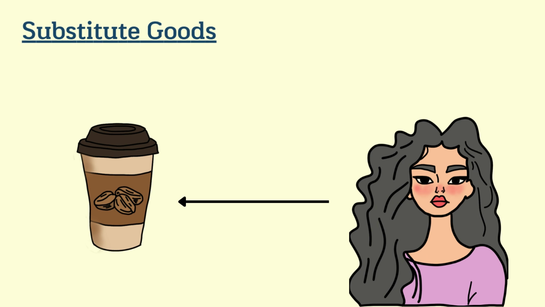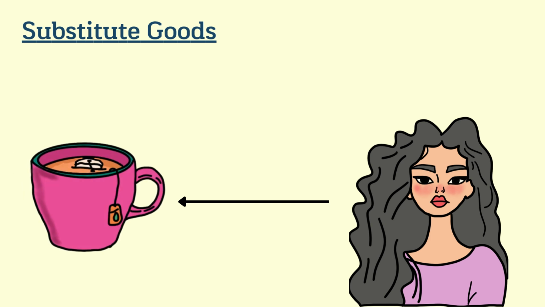Unfortunately, due to crop failures experienced by coffee producing nations, the prices of coffee have jumped up. Due to this spike in coffee price, Rita shifts to tea in the morning. In this example, we can see that tea is a substitute for coffee. When the relative price for tea is lower, the demand for tea increases and the demand for coffee falls.